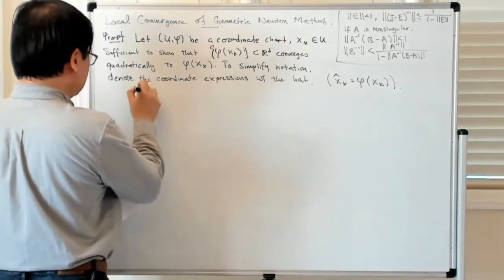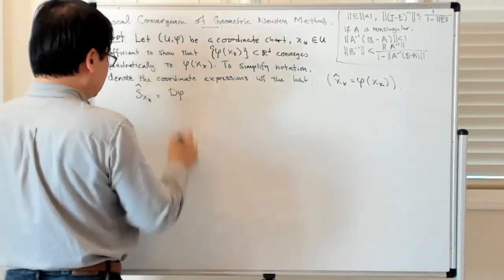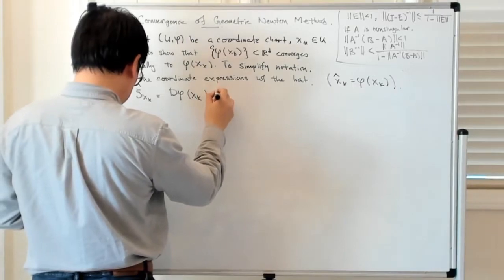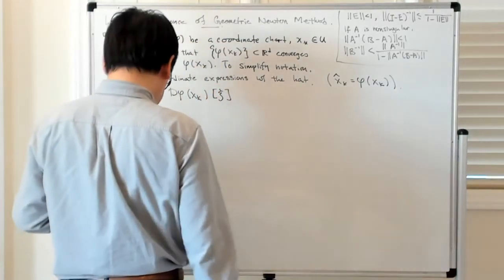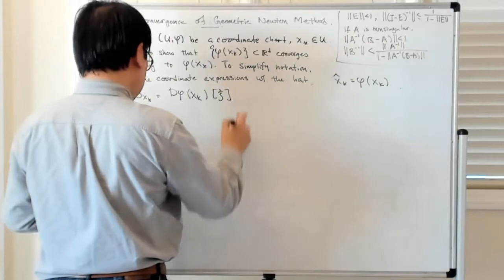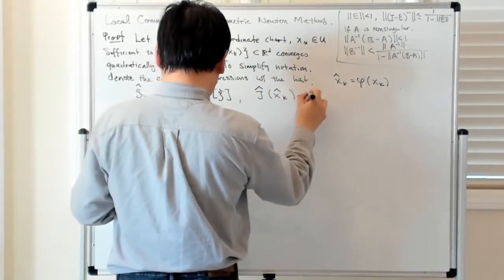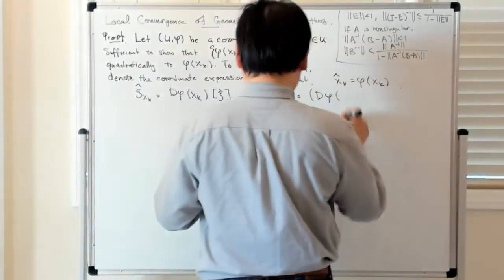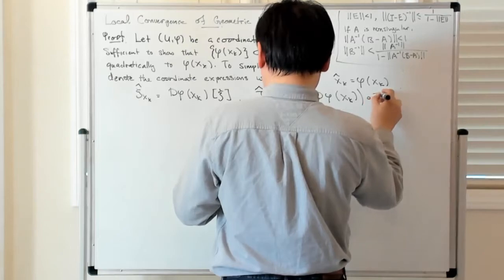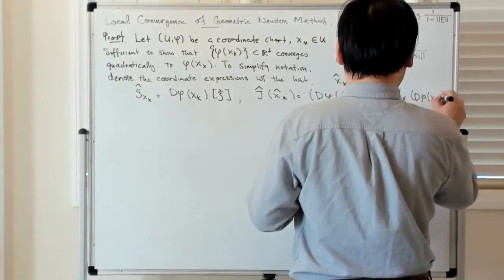Other examples: C xk hat is the derivative, or the linearization, of the coordinate map applied to the vector C. Another one is that J hat xk hat is equal to this, again the linearization of the coordinate chart composed with J xk composed with this inverse.